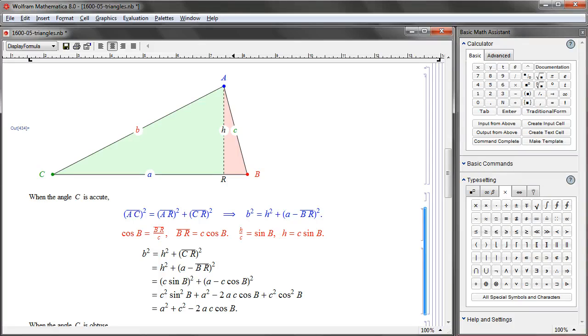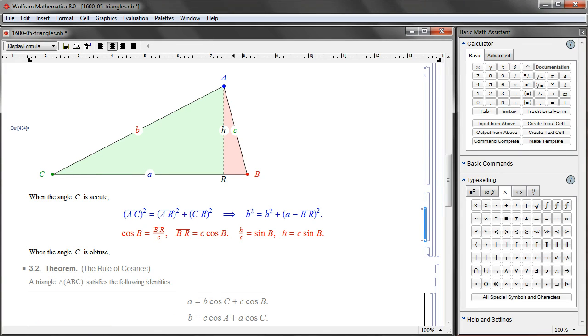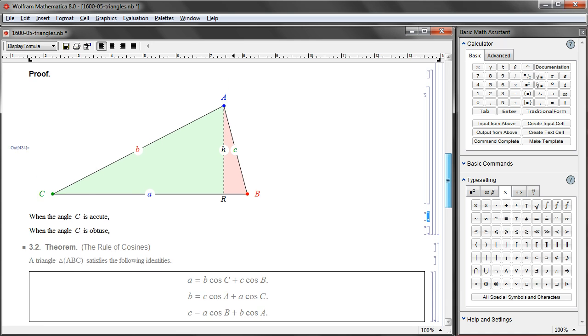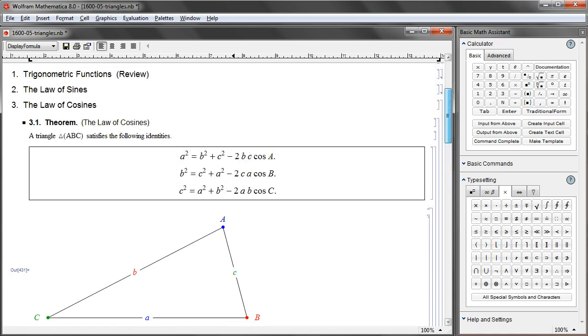So you don't really have to do the same thing 3 times. All you need to do is tilt the triangle. In other words, we completed the proof of the law of cosines as long as we have an acute triangle.